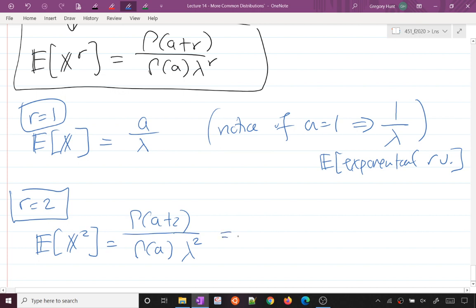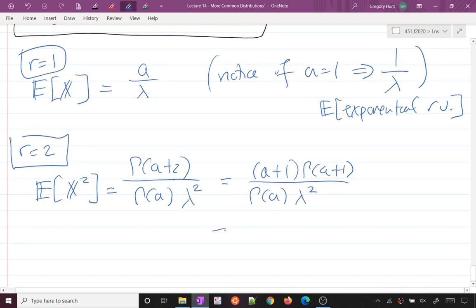And we can then twice apply our rule about the gamma function. Gamma of a plus 2 is a plus 1 times gamma of a plus 1, over gamma of a lambda squared. And then let's apply it one more time. A plus 1, gamma of a plus 1 is a gamma of a.